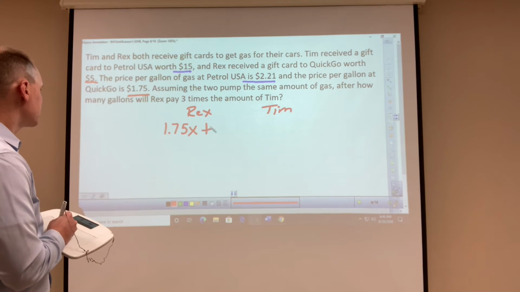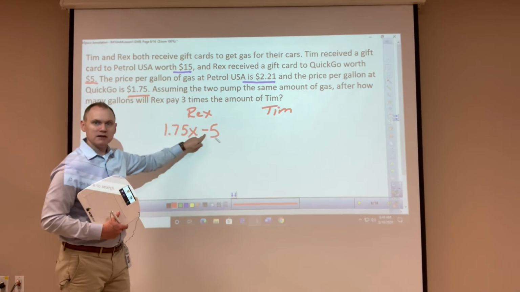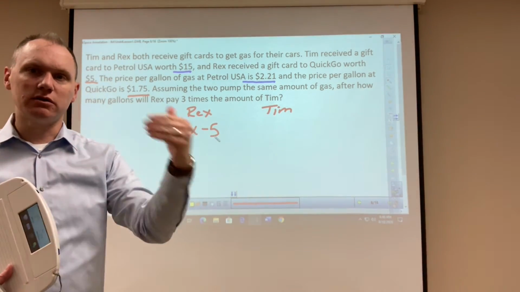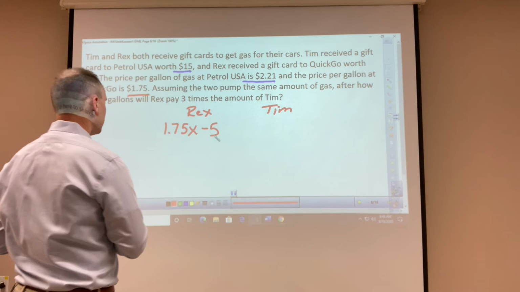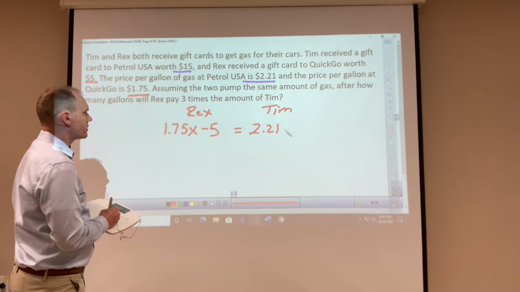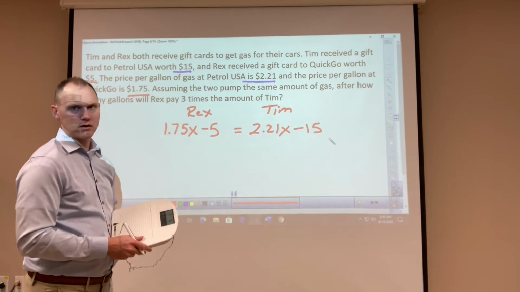Plus, actually it's minus 5, right? Because this is the amount he's going to pay for gas, but minus 5 because he's got that gift card. So he's only going to pay $5 less than that in the end. Whereas Tim is going to pay $2.21 per gallon, but he's got a $15 gift card.